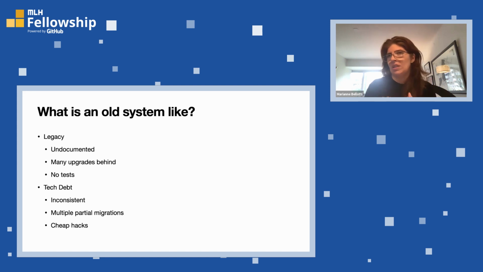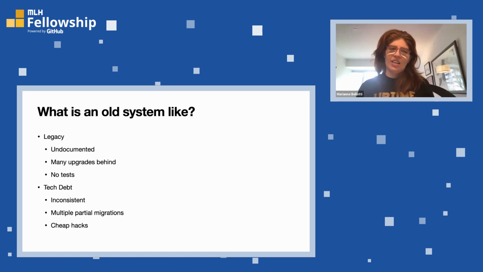You're many upgrades behind, so it still could be the world's most beautiful algorithms that were written, but it's written on a version of Node that is end of life, or was end of life like 3 years ago. And then frequently, a lot of these systems don't have any kind of testing on them, so you have a hard time. You don't know how they're supposed to work because there's no documentation, and you also can't figure out how they're supposed to work because there are no tests.